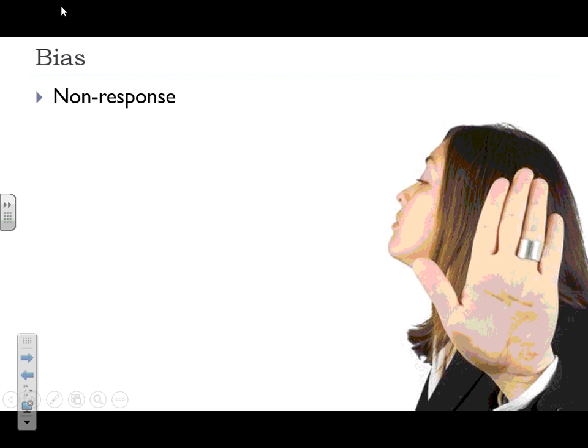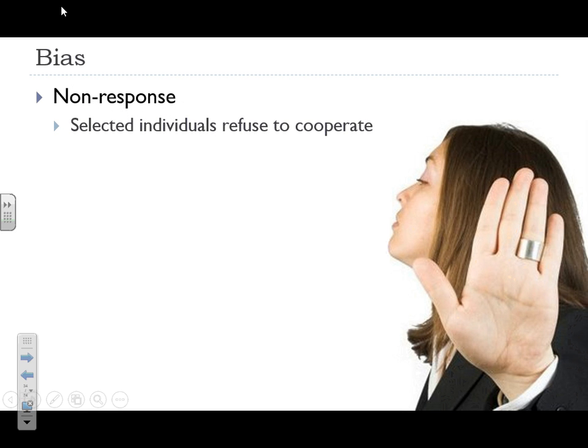The second type is called non-response bias. This one's pretty straightforward. Non-response bias is when selected individuals refuse to cooperate.